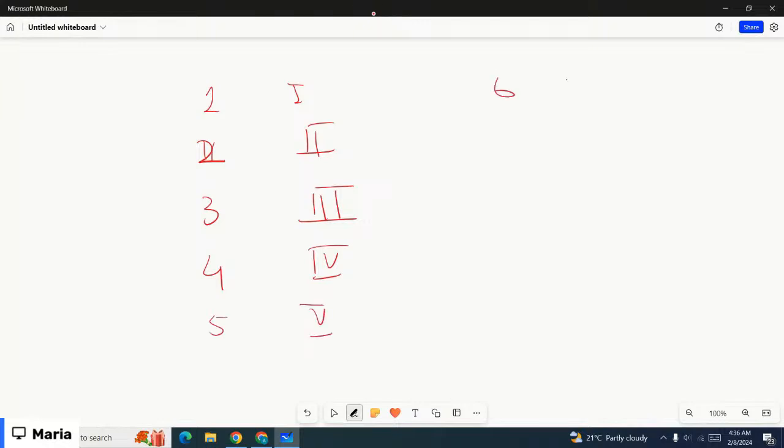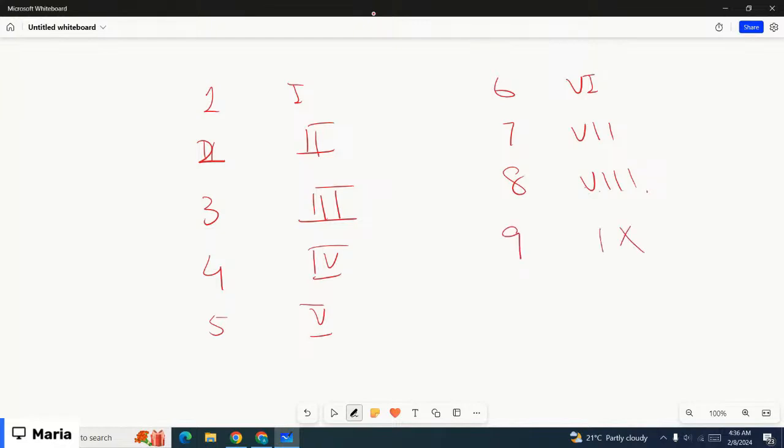You can write 1 as I, 2 as II, 3 as III, 4 like this, 5 you can note down like this, 6 V and I, 7 V I I, 8 V I I I, like 5, 6, 7, and 8. Got it? Then you have 9.